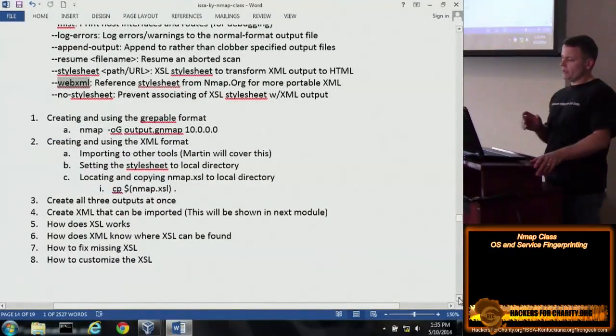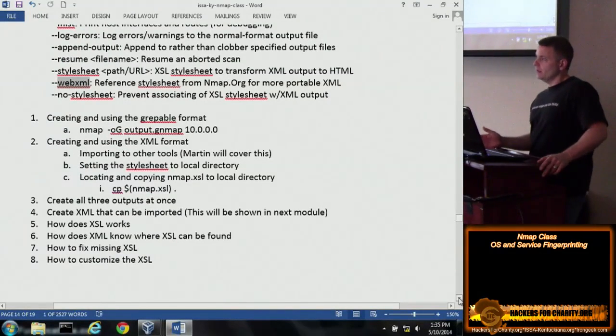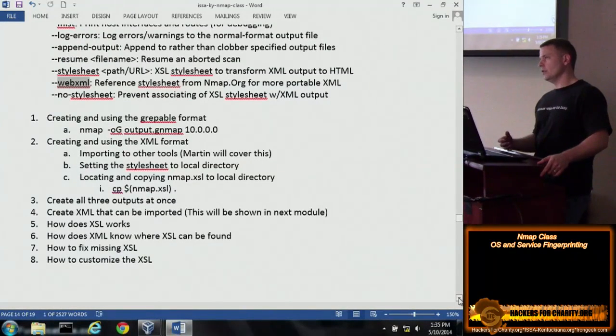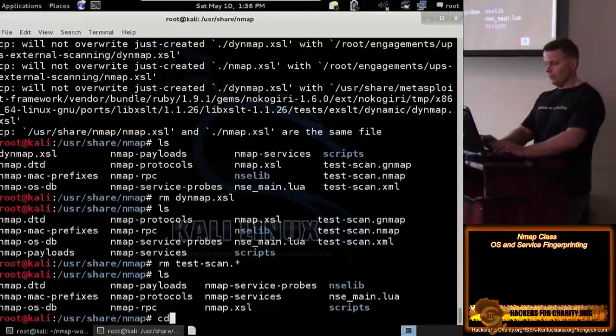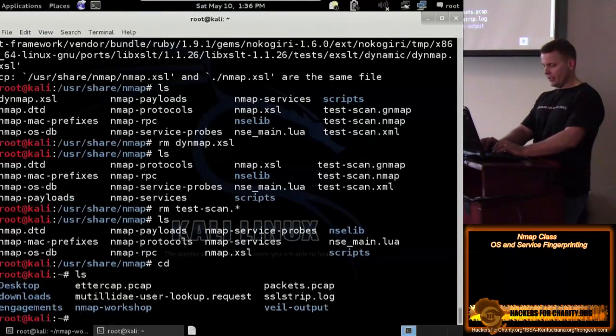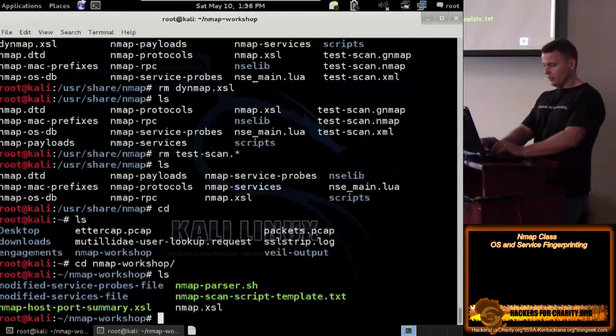All right. You can also customize the XSL if you want to change the format of the report. Just go into the XSL and add or delete as you see fit to get what you want. So if I go back over to the home directory, I think I have a copy of one that I modified. Let's see. Yep, there's the Nmap host port summary.